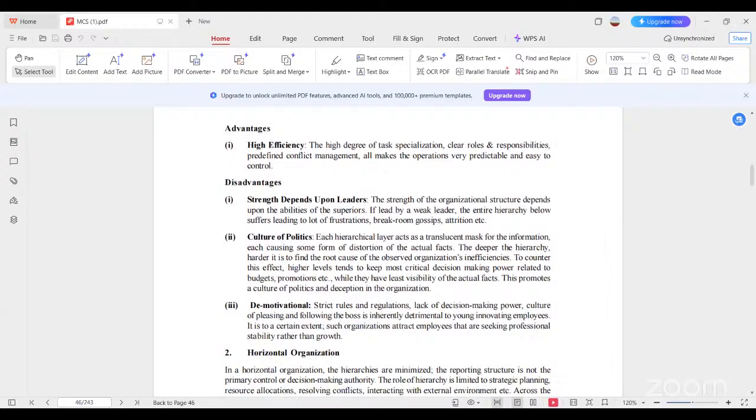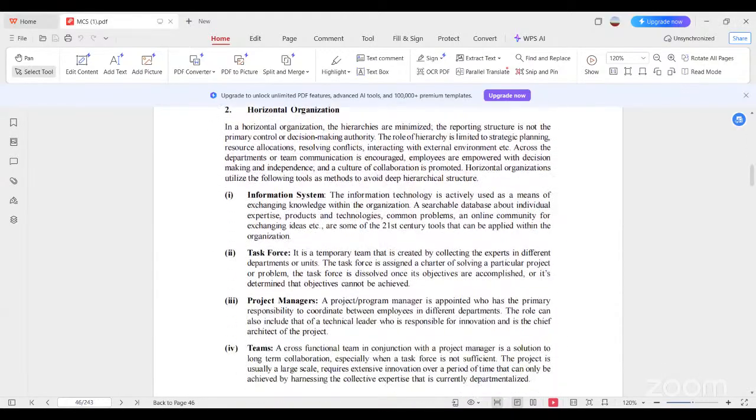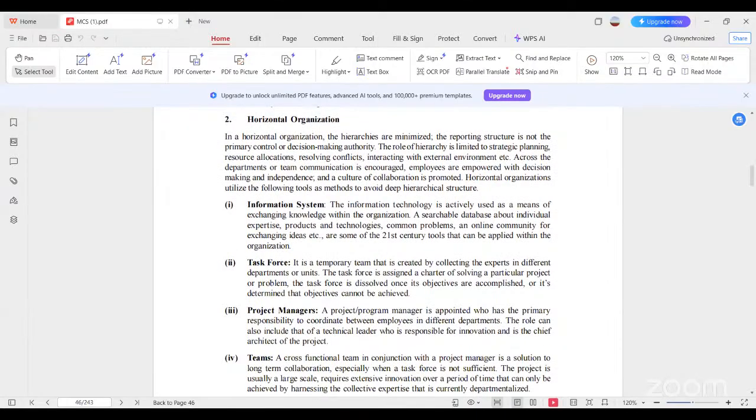Now, next I'm speaking about the horizontal organization. A horizontal organization is one in which the hierarchical levels are minimized. Authority does not flow strictly from top to bottom. Instead, employees are empowered to take their own decisions. Communication flows across all departments, and collaboration and teamwork are emphasized.